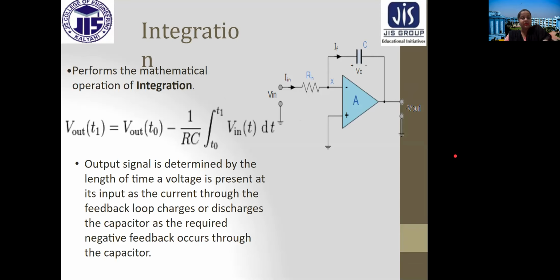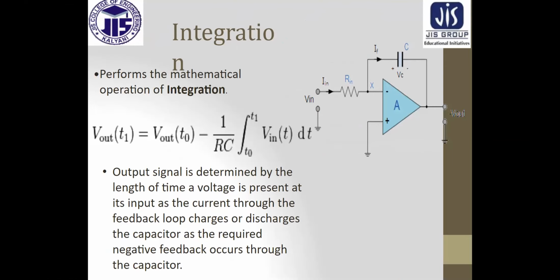Integration: it performs the mathematical operation of integration. This is the circuit diagram of an integrator circuit using an op-amp. So first you draw it and then write down the equation of an integrator circuit. Here, in place of the feedback resistor, it uses a capacitor.